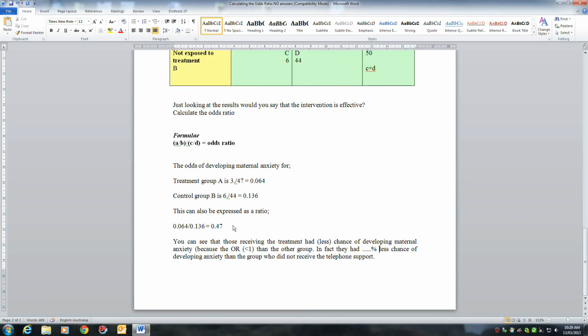We need to remember 1 is the line of no effect, so we really need to say 1 minus 0.47, which is 0.53. 53% less chance, almost half the chance of developing anxiety than the group who didn't receive the tele support.